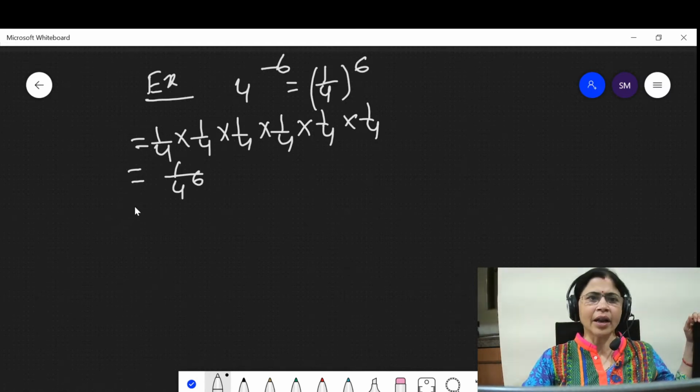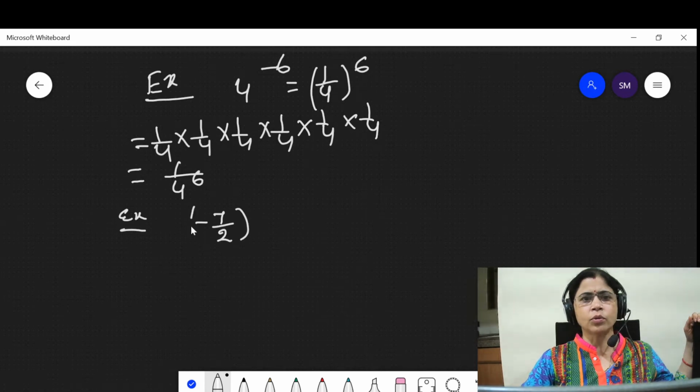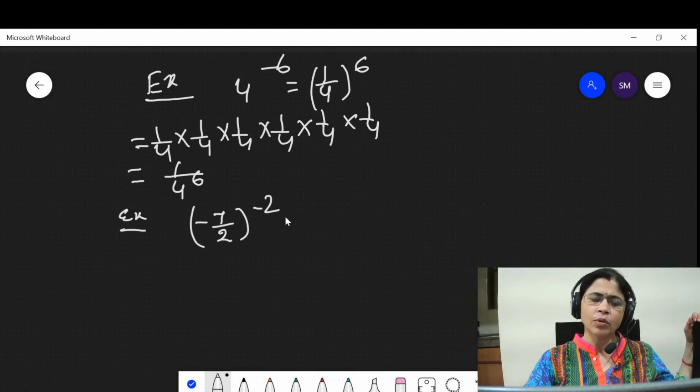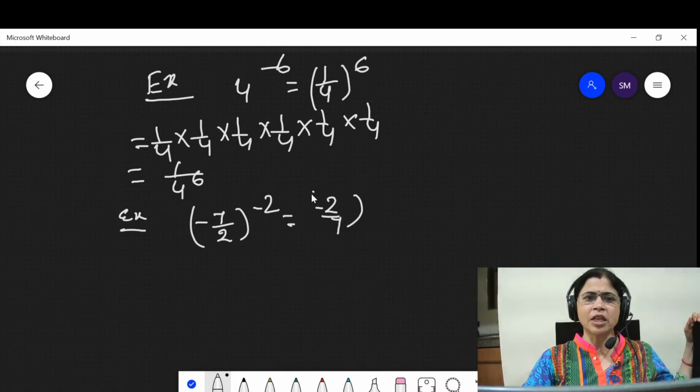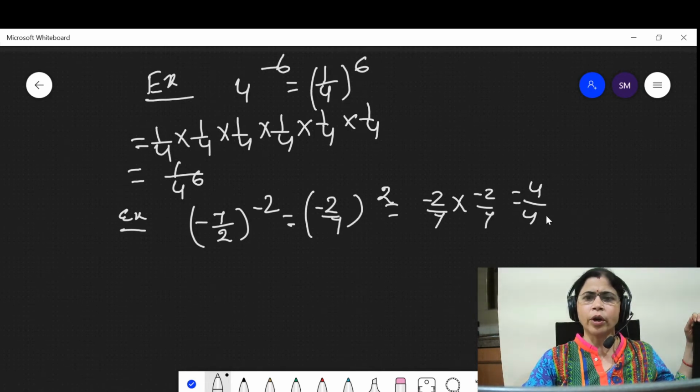Here another example is given: minus 7 upon 2 to the power minus 2. Can you find its value? At first make the exponent positive by taking the reciprocal of the base. This is equal to minus 2 upon 7 into minus 2 upon 7, which is equal to 4 upon 49.